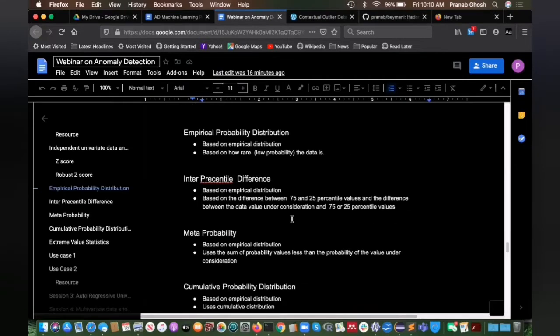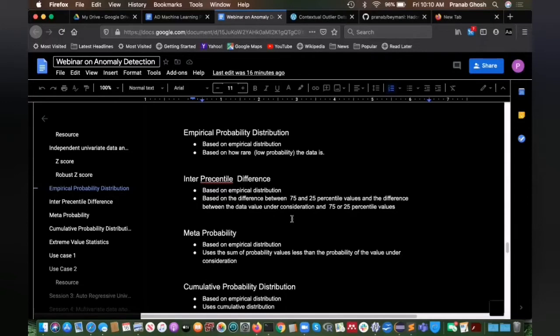Like we discussed last time, it depends on what you define to be anomalous, whether it should be based on how extreme the value is or how rare the value is. They're two different concepts. Now, as I said last time, if your distribution has a central mass, then your extreme values will also tend to be rare, but only if the distribution has a central mass.